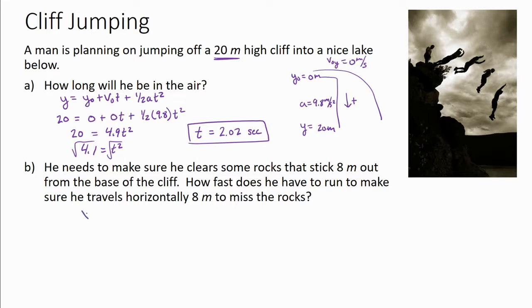Mathematically, that works out to x is equal to the v naught x t equation. Just velocity times time is equal to your distance. So I know that he's got to go 8 meters. I'm looking for his initial velocity, the speed that he has to run off the cliff, and I know that he's going to be in the air for 2.02 seconds. So do the math. Again, it's about 4-ish.